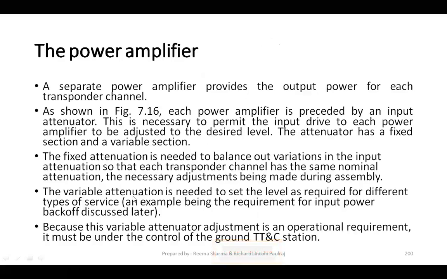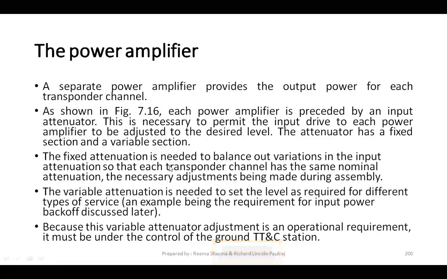The variable attenuation is needed to set the level as required for different types of service. An example is the requirement for input power back off, which is discussed later. We will see how power back off is considered in the upcoming classes.